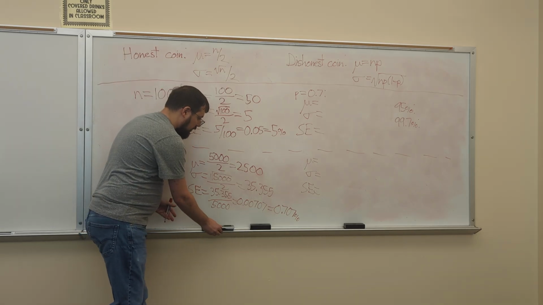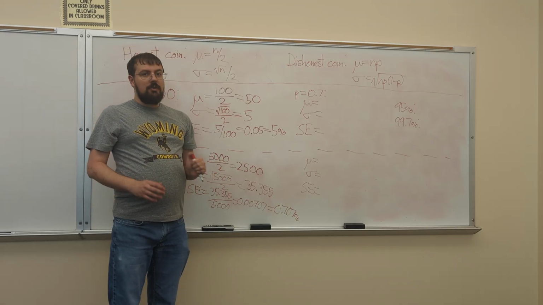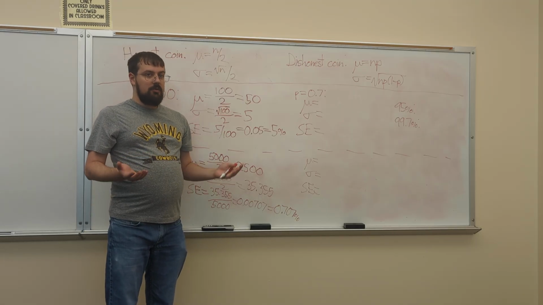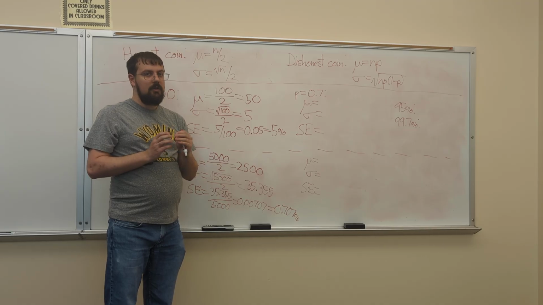So this is the honest coin principle. So the honest coin principle, once again, applies when whatever event that we're dealing with, in this case coin tosses, is something that has a probability of exactly 1/2.